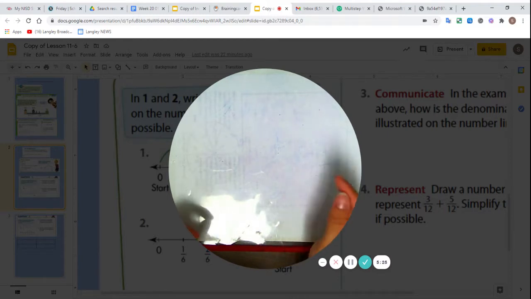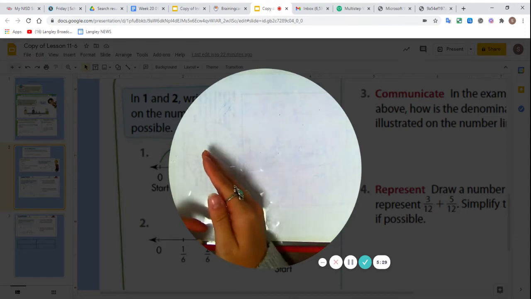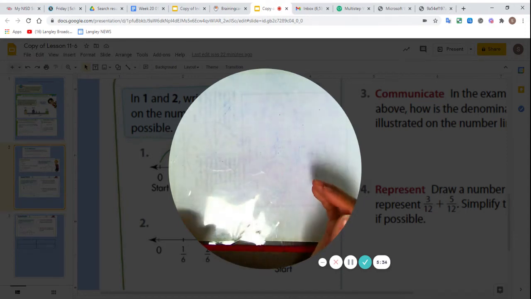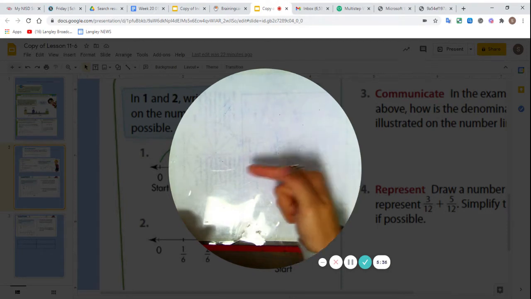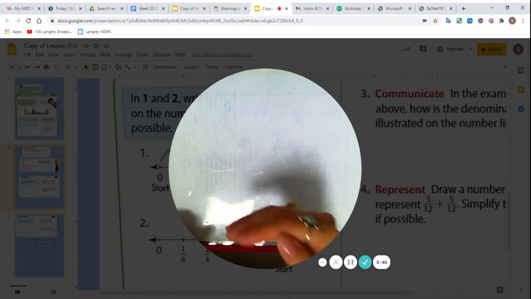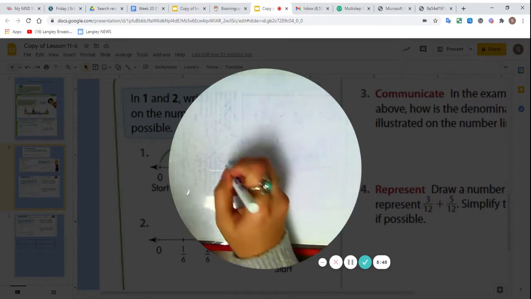But in this case, for the red arrow, the direction changes. It's the opposite way. So if the green arrows mean adding and going forward, what do you think the red arrows that point the opposite direction mean? To go backwards, or to subtract. So let's try that second number line.